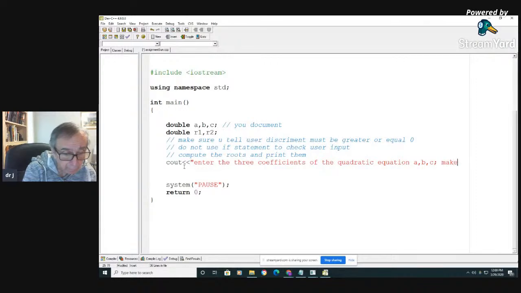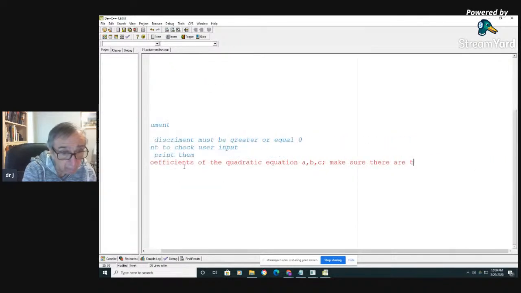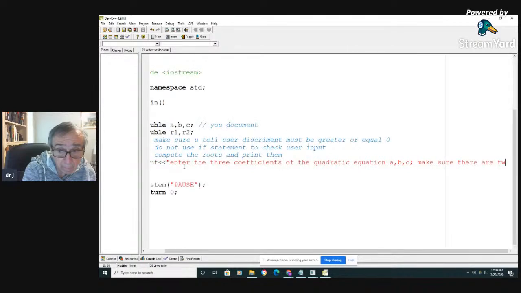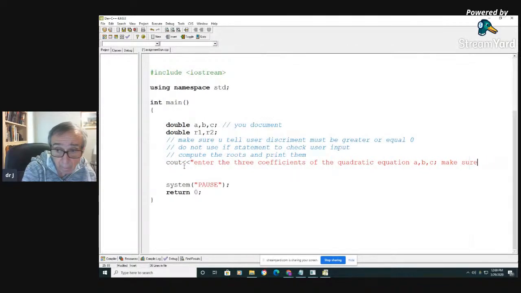Make sure the discriminant, I'll be more specific, make sure there are two real roots. Let me cut this short right here. Writing too long a sentence.